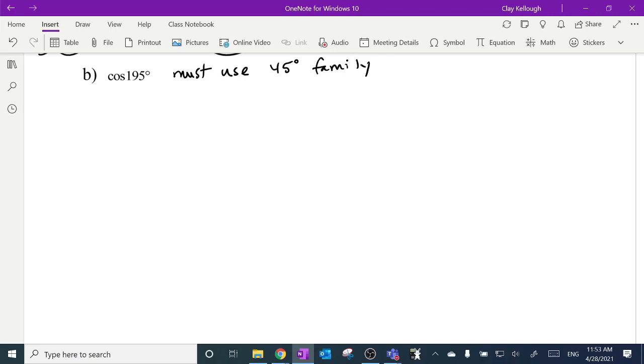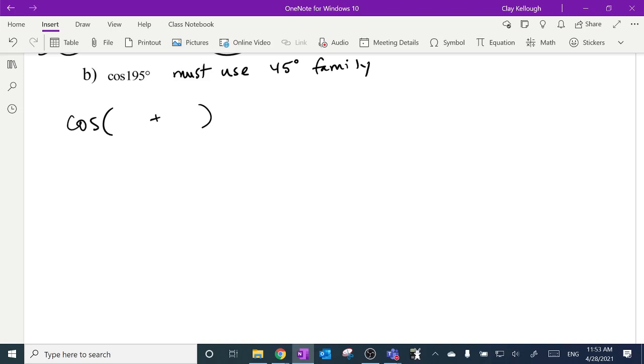So can you think of a combination of 45 degrees and something from the 30 or the 60 family that would add up to 195? What are you thinking?